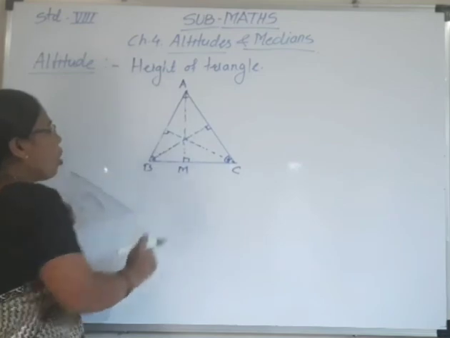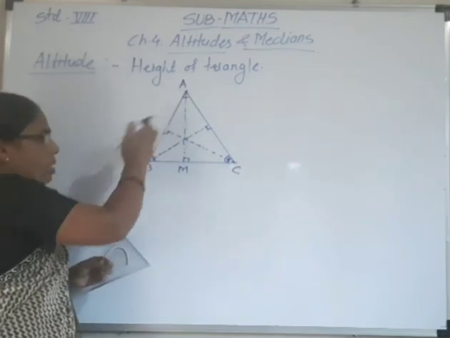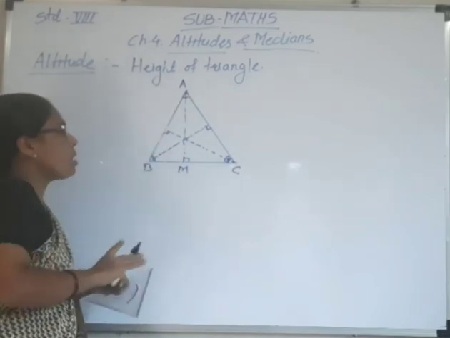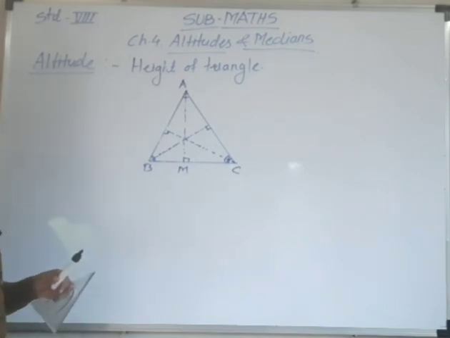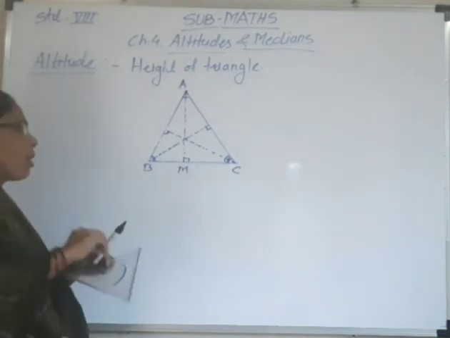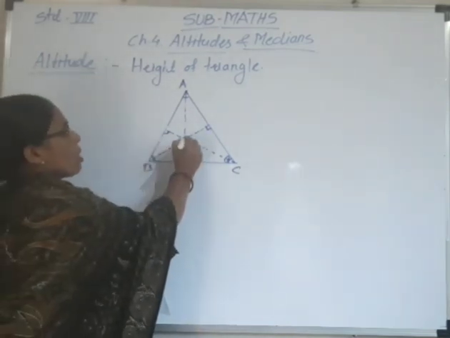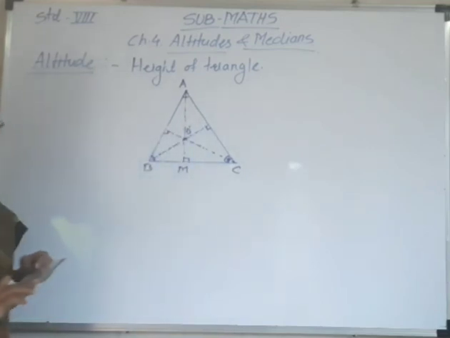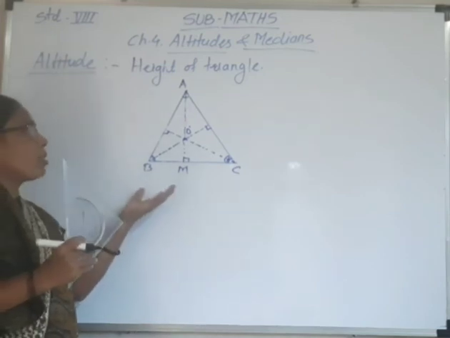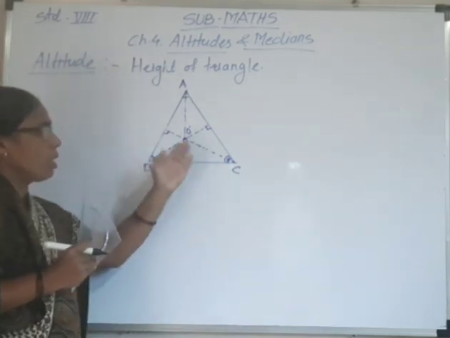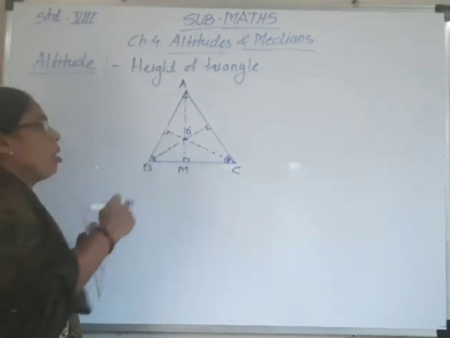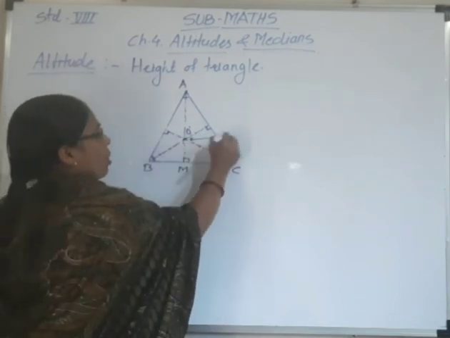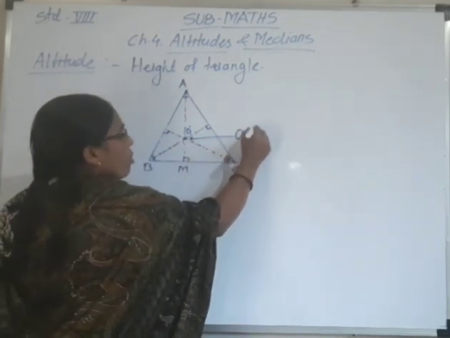Now see, all these three perpendiculars, it's not a perpendicular bisector, all these three perpendiculars are intersecting at a single point, that is point O. This point is the point of concurrence of altitudes, because three altitudes are here, and it is called orthocenter. This point O is called orthocenter.